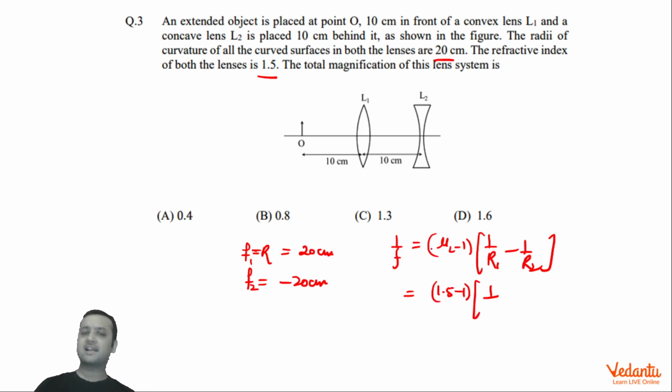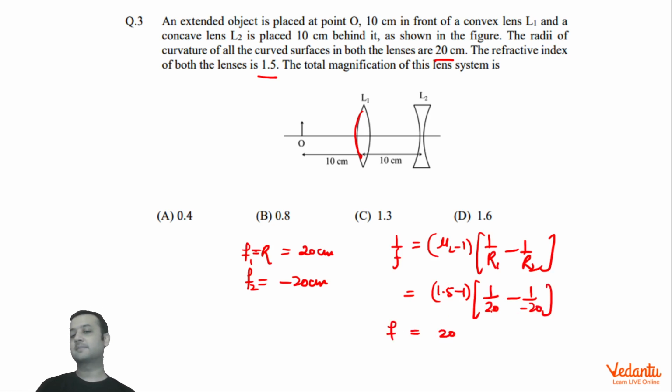R1 will be plus 20 because the incident ray is going in the positive direction and the center of curvature of this surface is also on the right side of this pole. So you will keep it as plus. R2 will be -20 because the center of curvature of this surface is on the left, whereas the incident ray is going towards right. So you will put this as -20. If you solve this, you're going to get f as 20.